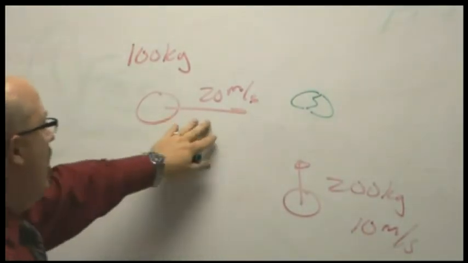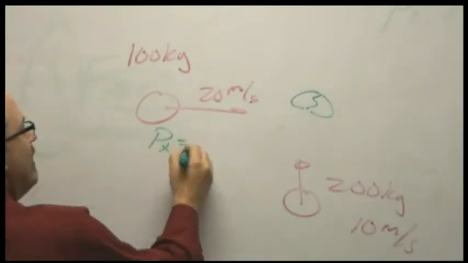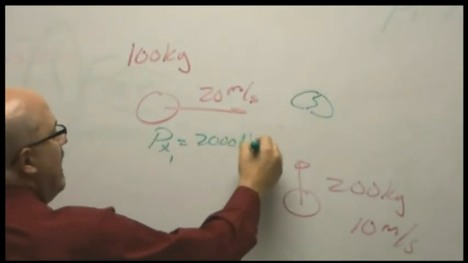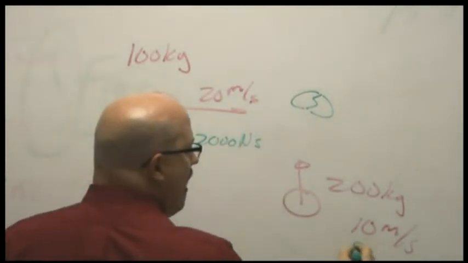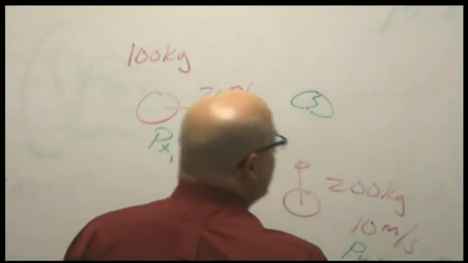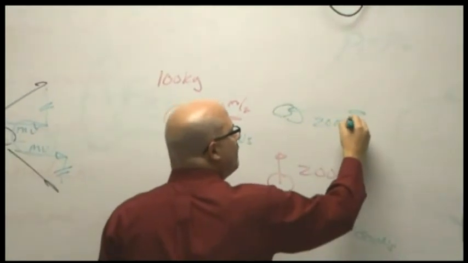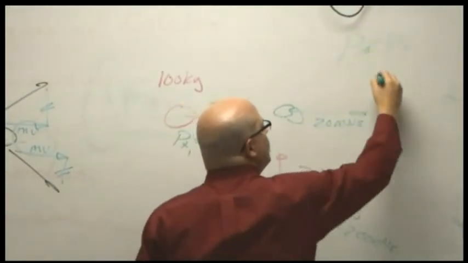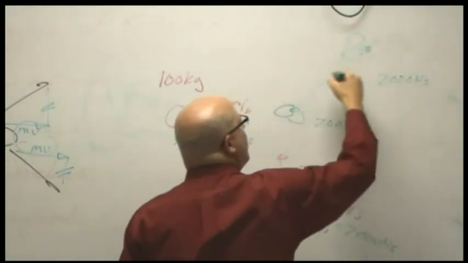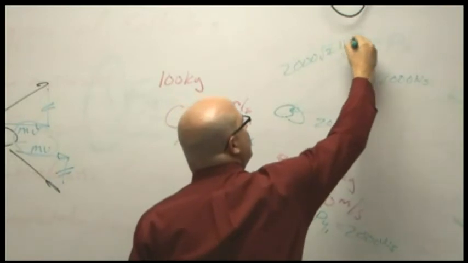So if this is all x momentum, then before we had x momentum initially of 2,000 newton seconds. And here we have y momentum initially of 2,000 newton seconds. So this is going to have 2,000 newton seconds this way and 2,000 newton seconds this way for a grand total of 2,000 times the square root of 2 newton seconds.